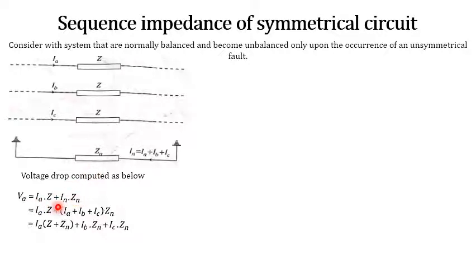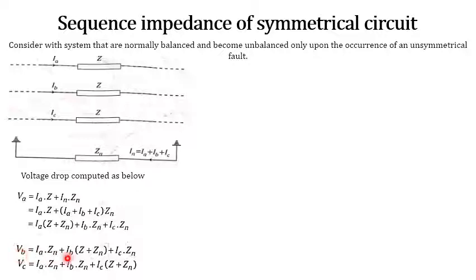Substitute the In value, In equals Ia plus Ib plus Ic. What is common here? For Ia it is Z and Zn, so you get Ia multiplied by Z plus Zn, and for Ib it is Zn, and for Ic it is also Zn.